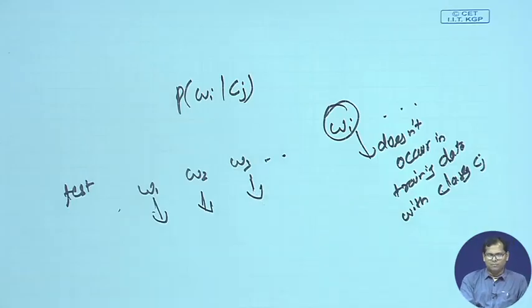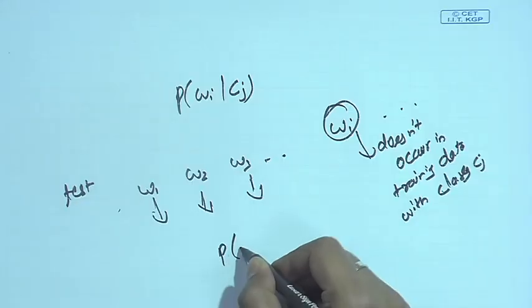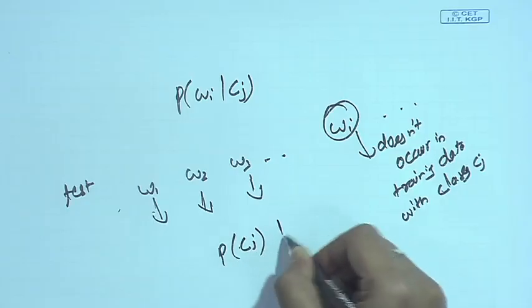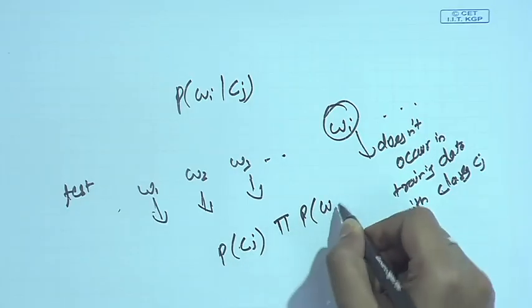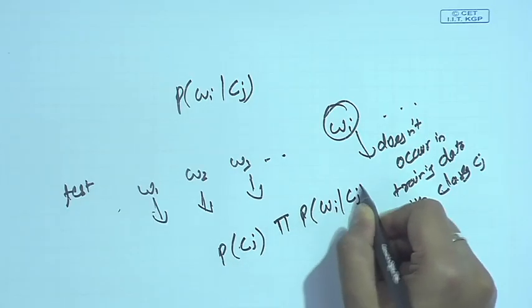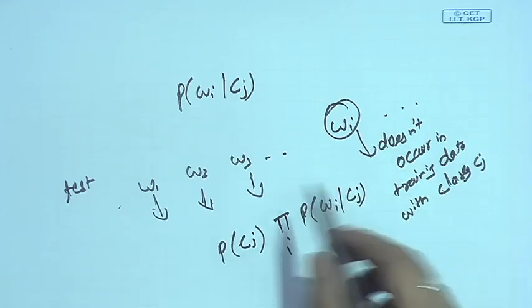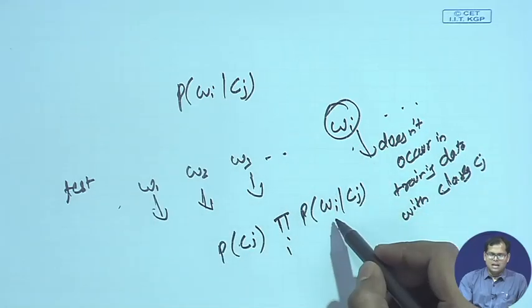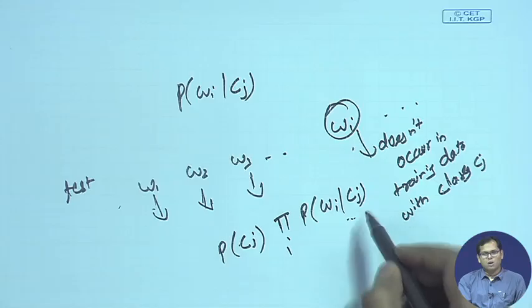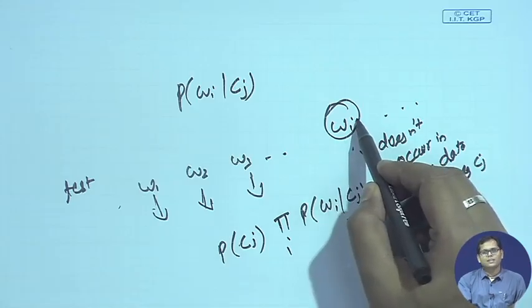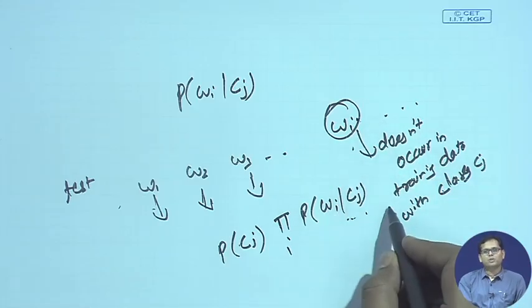So what will happen with my posterior estimate? It will become the probability of cj times the probability of wi given cj over all i. While all the other wi have a positive probability, this one gives me 0 probability.